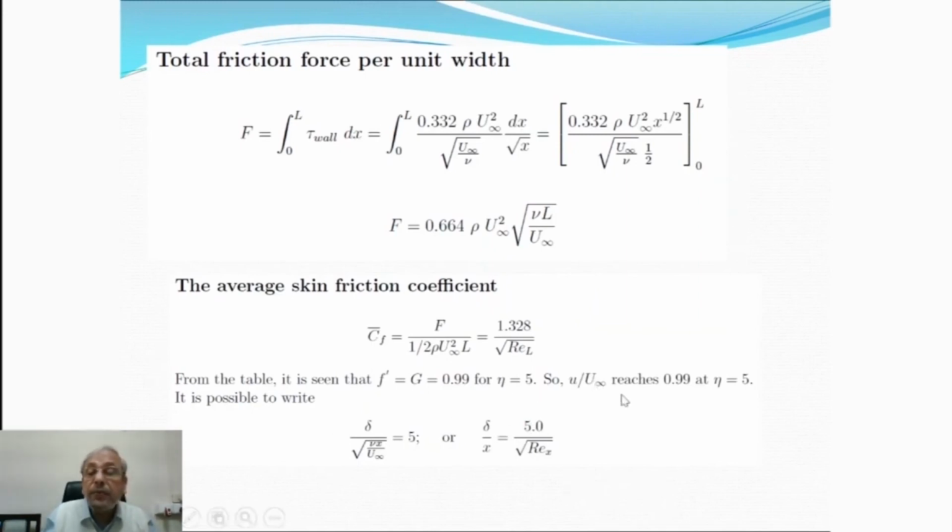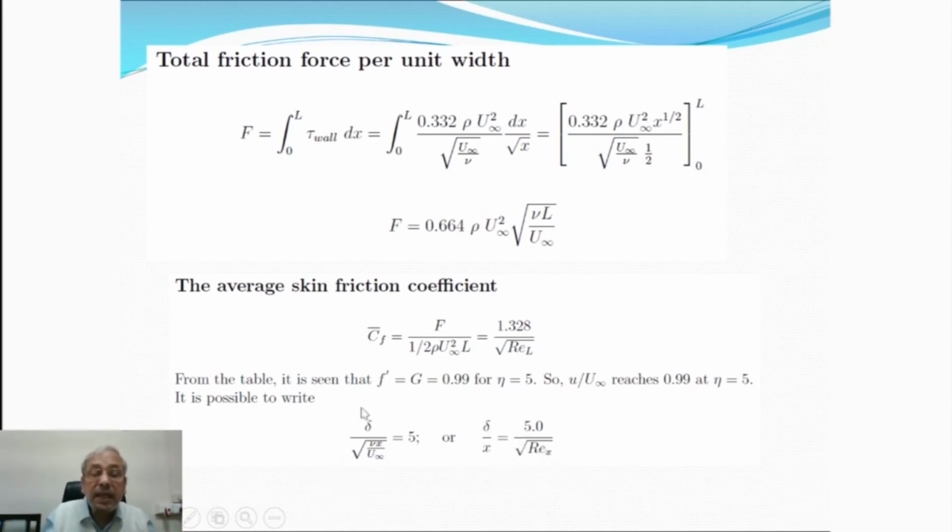So u by u infinity reaches 0.99 at eta equal to 5. So delta divided by root over nu x by u infinity, that means eta becomes 5 when u reaches u infinity. So delta is given by delta by x equal to 5 by root over Rex.